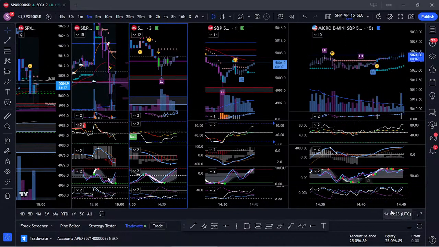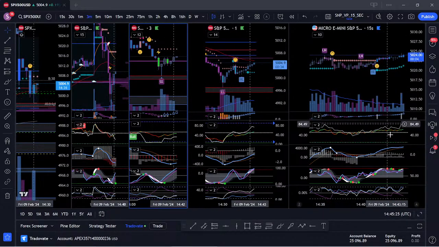Nothing much at the moment. Consolidation, so we're not going to take a trade until a decision is made.